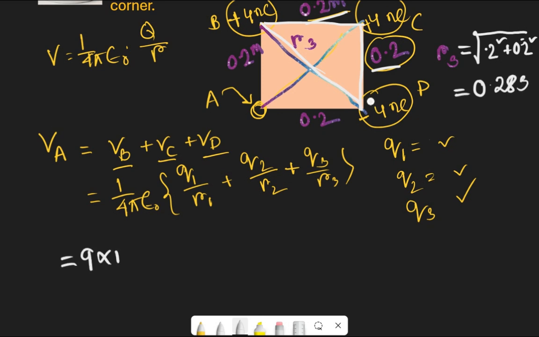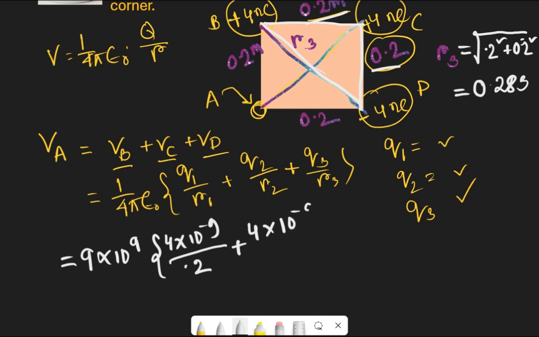Now plug in all these values. So this is 9 into 10 to the power 9. So Q1 is 4 into 10 to the power minus 9 over 0.2 plus 4 into 10 to the power minus 9. So this is actually the minus 1, that's why it will be minus.